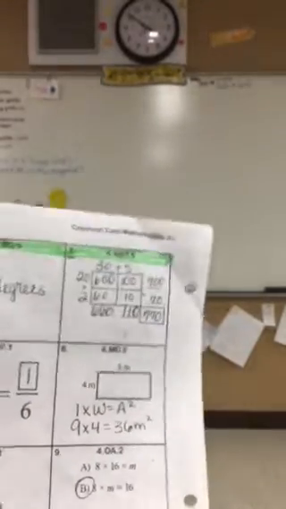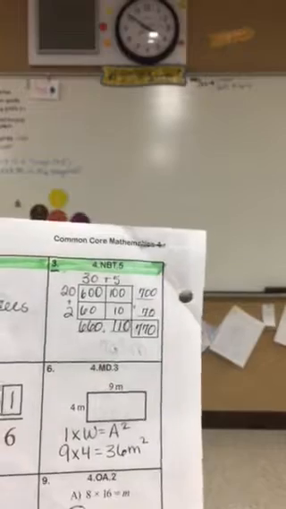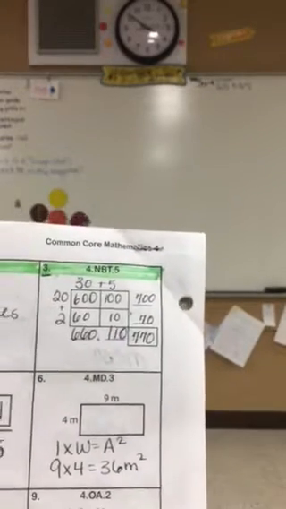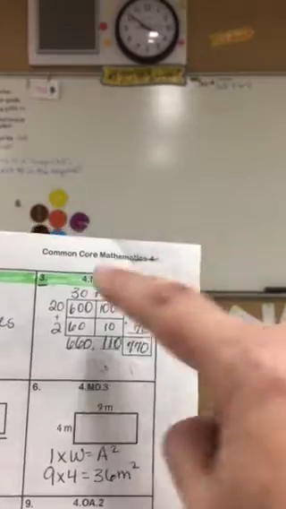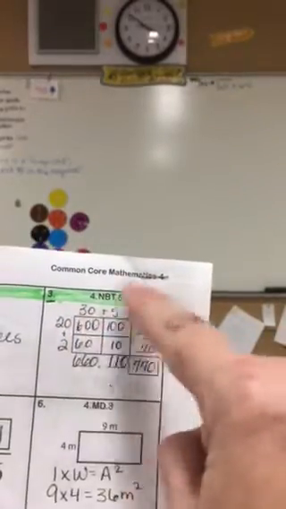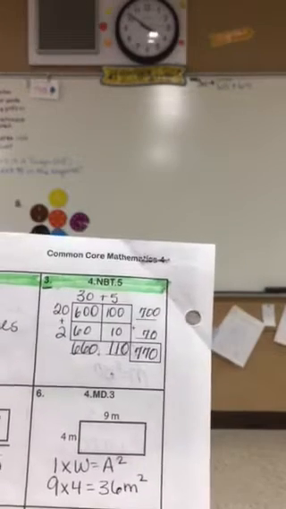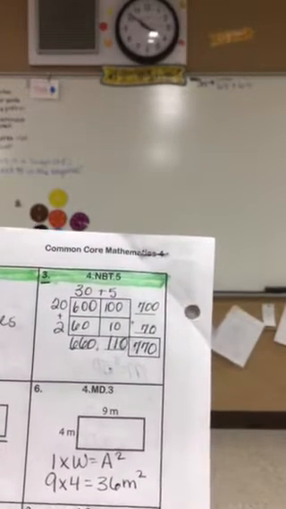I think it is good to have multiple ways to multiply, so I do think it is beneficial to understand and know multiple ways. I think once they understand that they are finding the area of each one of these, and once they grasp that concept, it really does make sense.